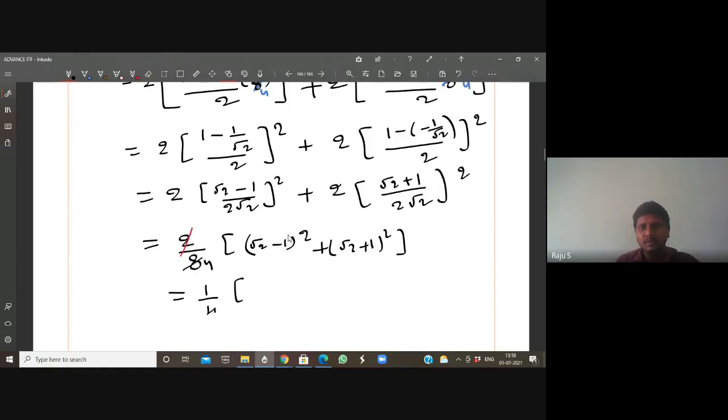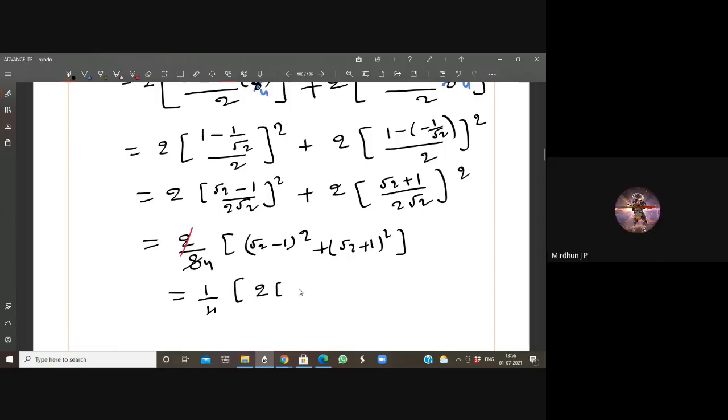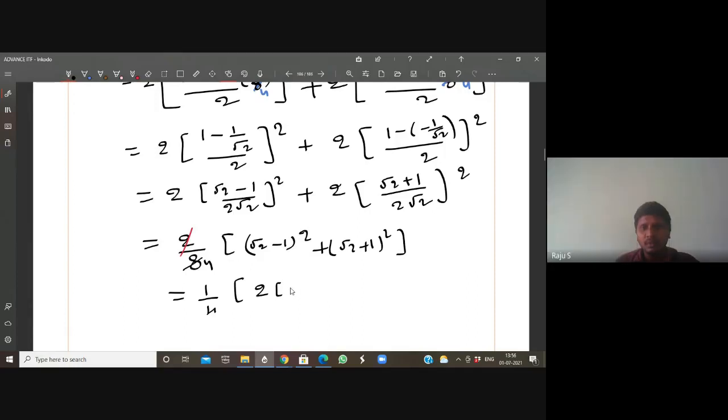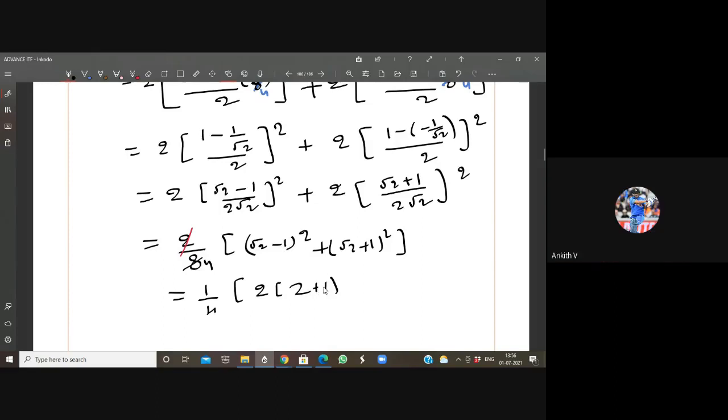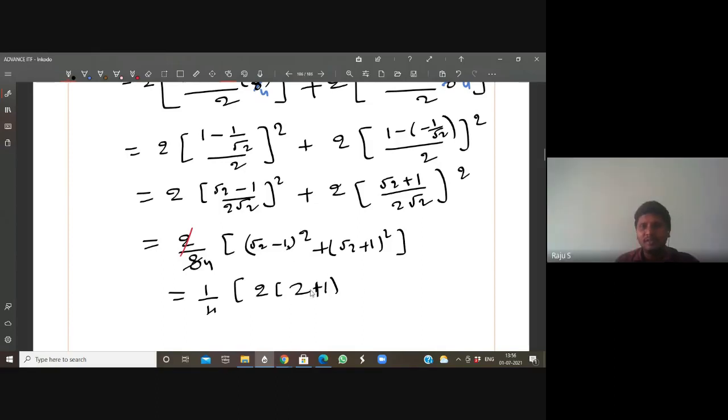Then what is a minus b whole square plus a plus b whole square? It is 2 into a square plus b square. Here a square is 2, b square is 1, so 2 times 2 plus 1, and when I cancel this 2, the remaining is 3 by 2.